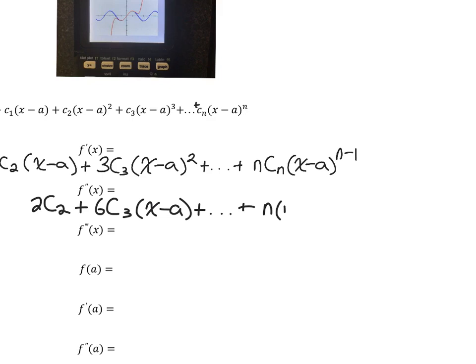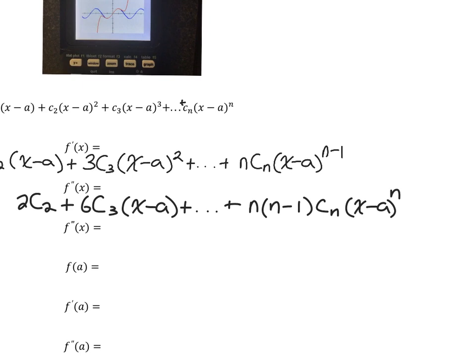So n times n minus 1 times c sub n times x minus a to the n minus 2 power. So power by coefficient, reduced power by 1. It's just shaping up to be a fairly nasty expression.